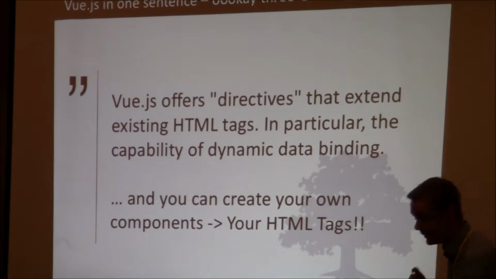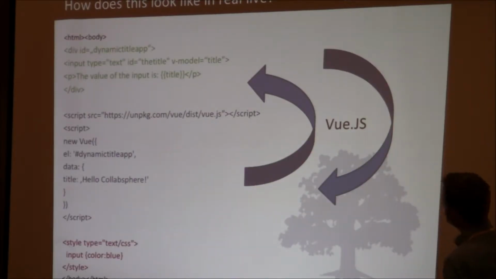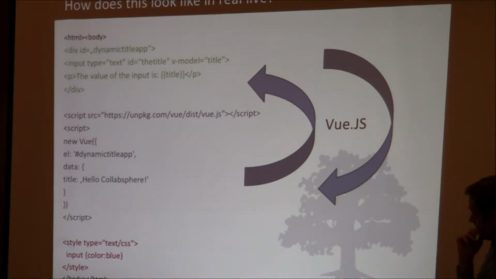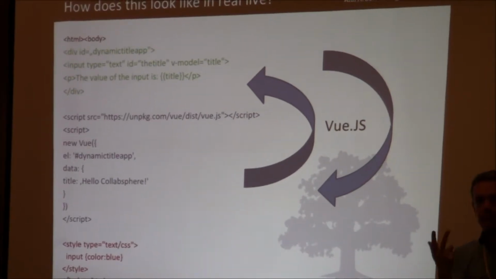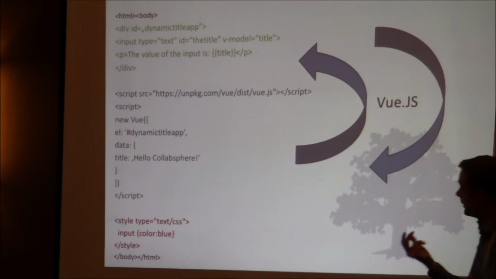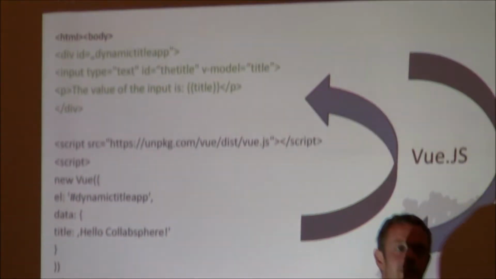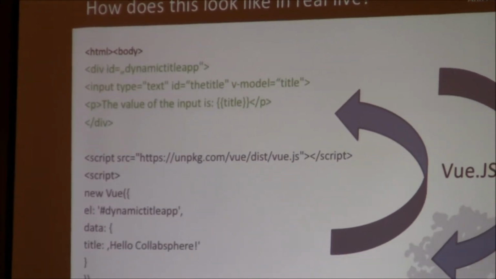It's very cool. How does it look in real life? Within Vue.js, there are three parts which are interesting. We have a template part, the green one. Template is for the display, for the representation of the data.